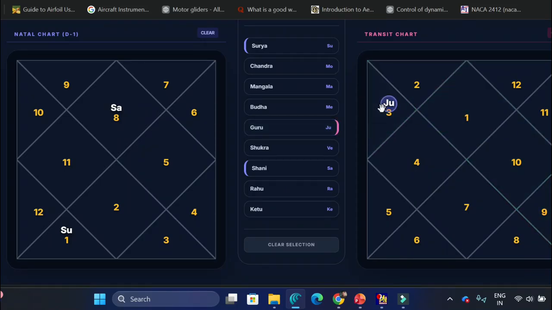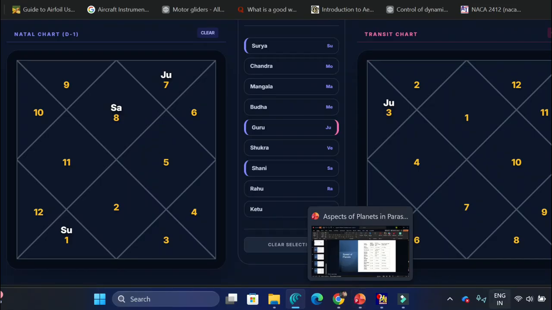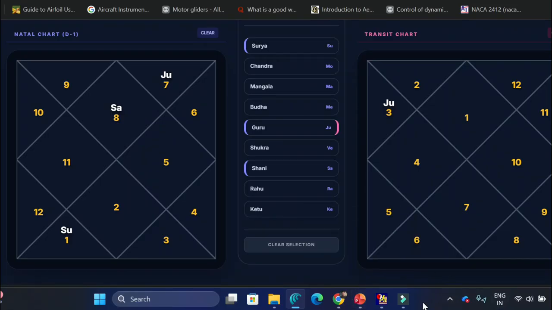Now 10-year-old ascendant. Okay, so let's go 10 houses back. 1, 2, 3, 4, 5, 6, 7, 8. So his Jupiter must be in Libra. So we'll place the Jupiter in Libra. Okay, so these three planets we can easily put.